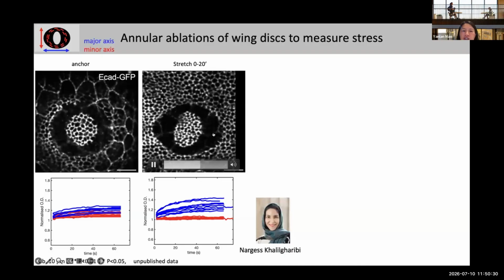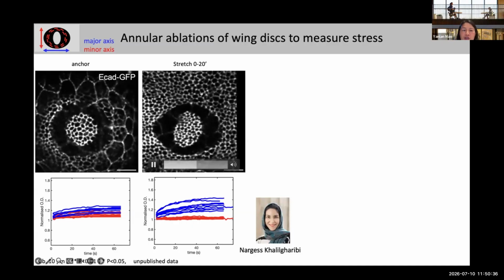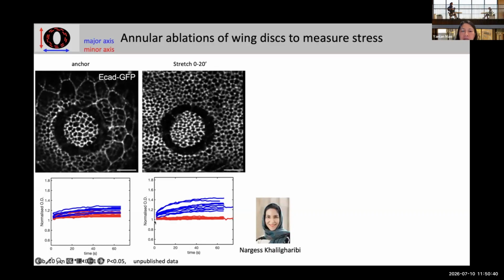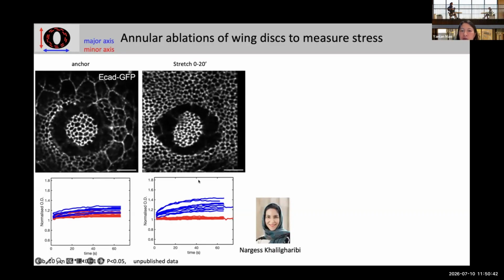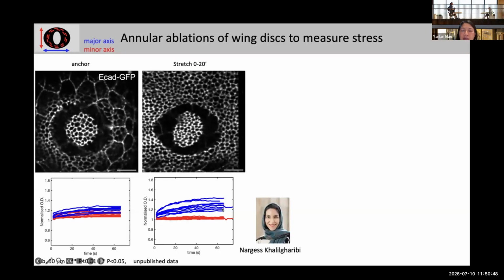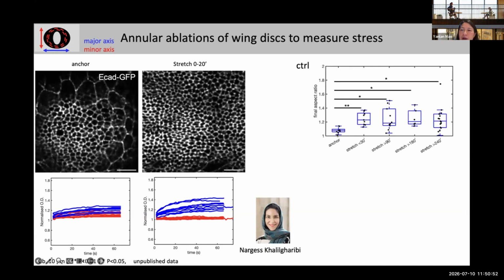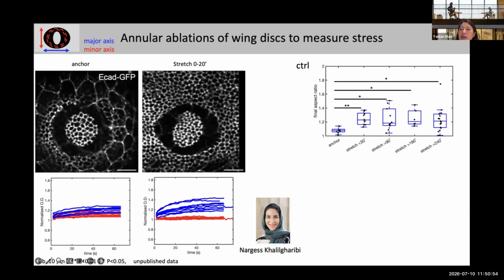And if she stretches it, you'll see, as we predicted, after let's say 20 minutes of stretch, or straight after stretch, this major axis basically deforming much more than the minor axis. Okay. And then if you plot the ratio of major divided by minor at the plateau, you should be able to see this. So this would be the control anchor, and this would be the plateau curve.